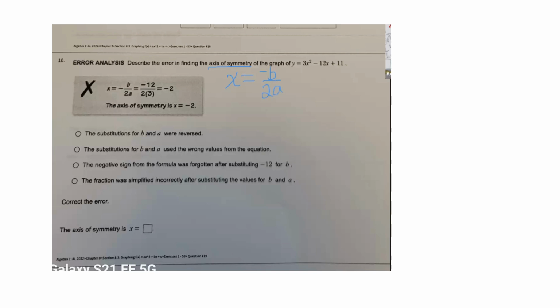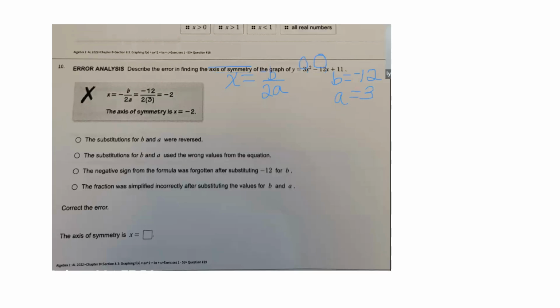So we're going to find b is -12. Don't forget the negative. And a is 3. So first, do the math on that.